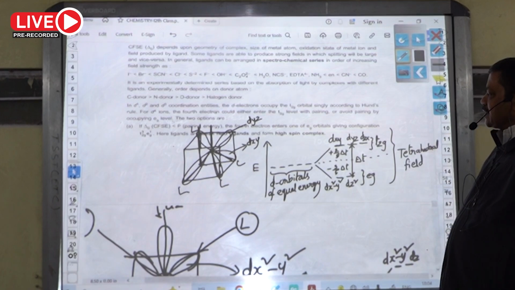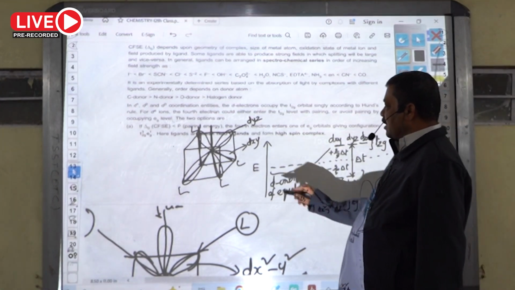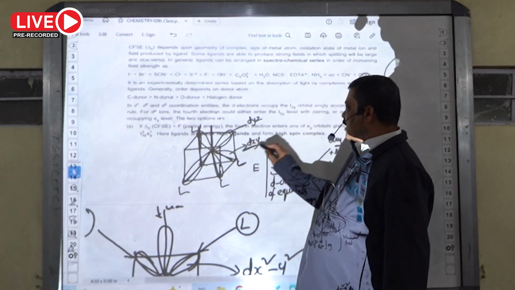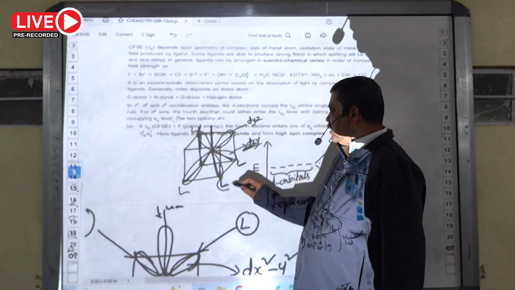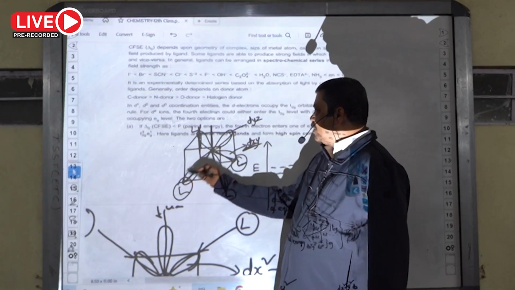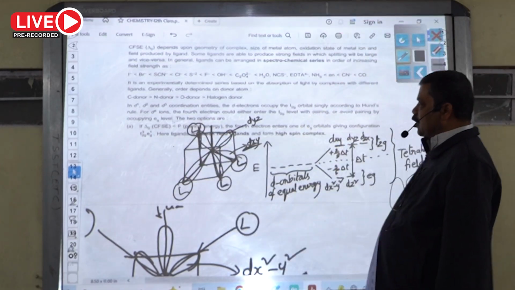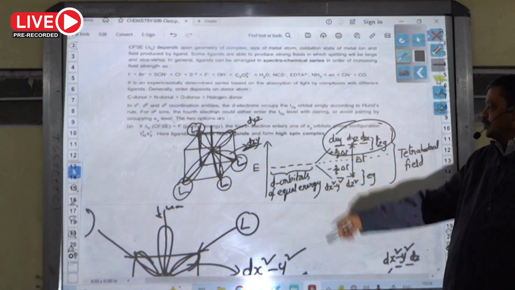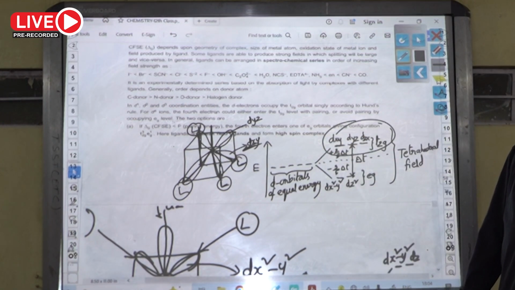When the 4 ligands are approaching a tetrahedron, whose lobes are facing directly? dxy, dyz, dzx, their lobes are facing. That's why their energy is more.